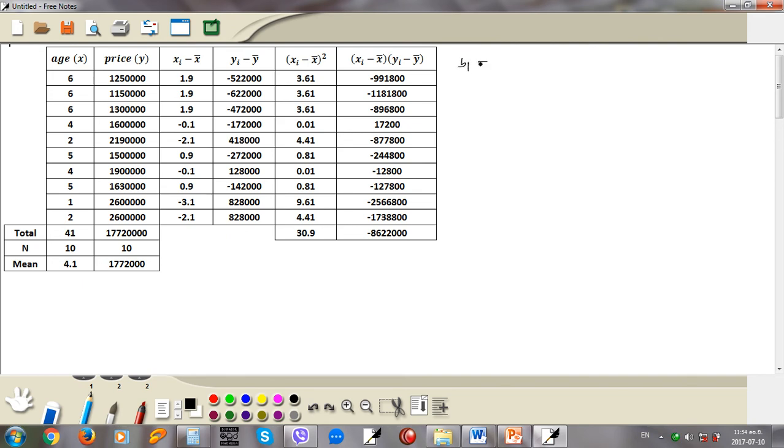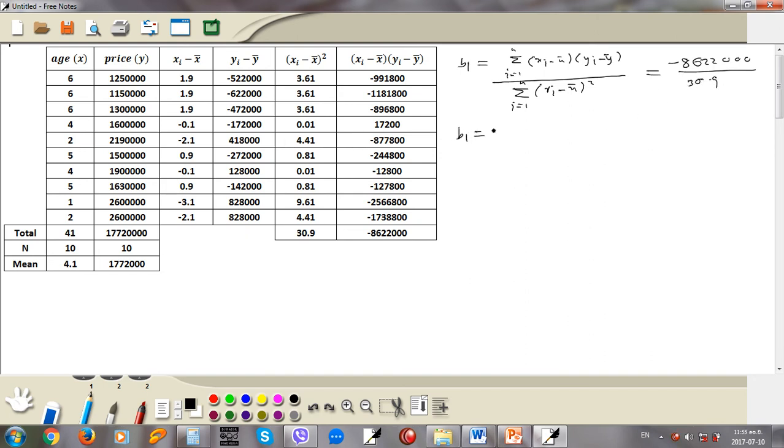What is our equation? b1 equals sigma i equals 1 to n, xi minus x bar times yi minus y bar, divided by sigma i equals 1 to n, xi minus x bar squared. Now we found this value, minus 8,622,000, divided by 30.9.